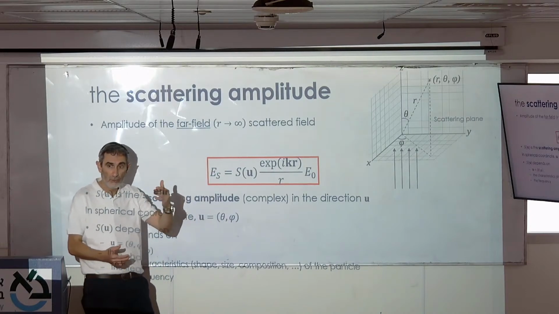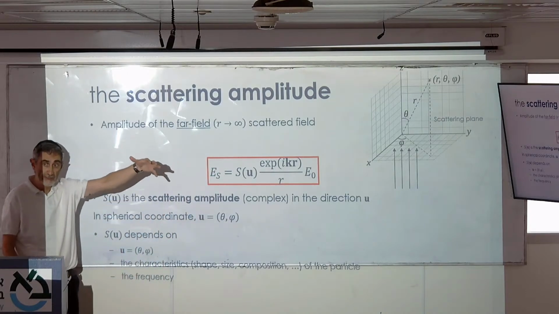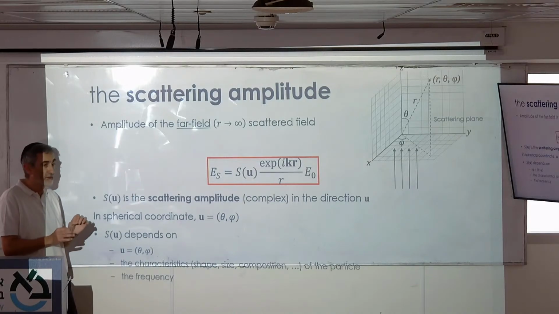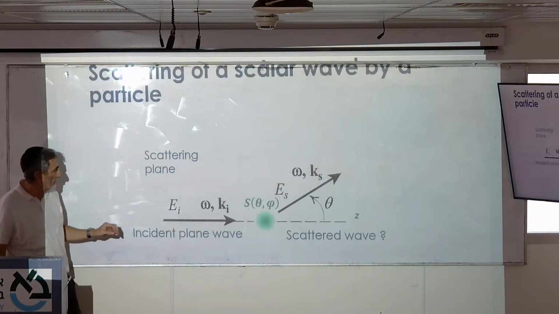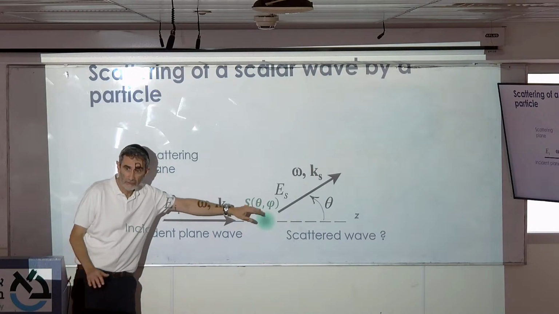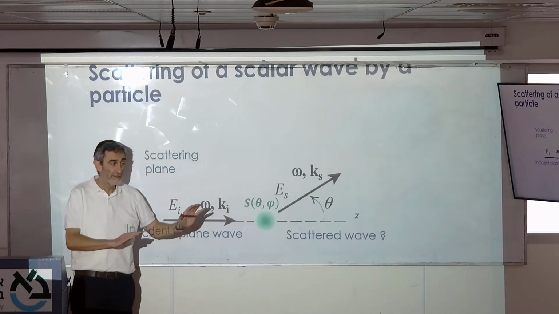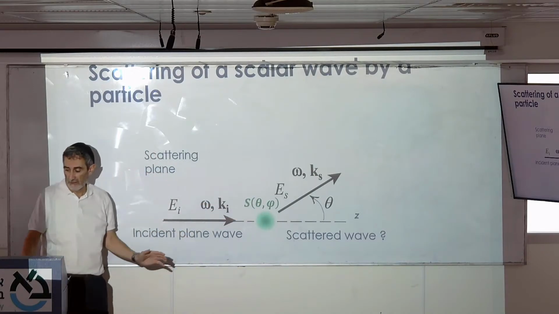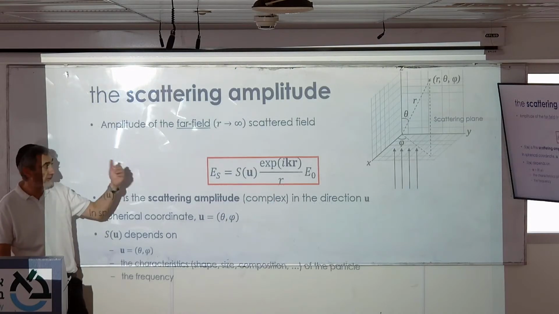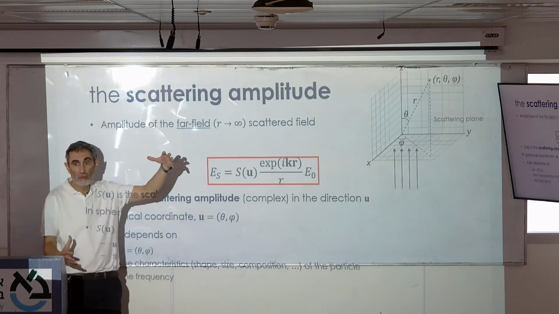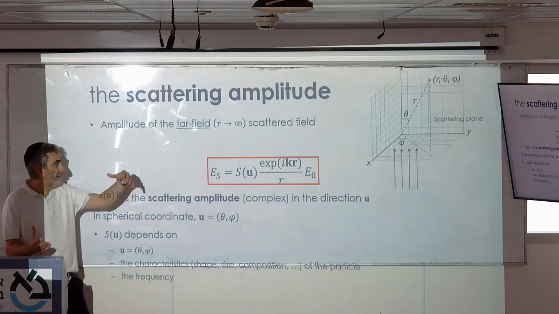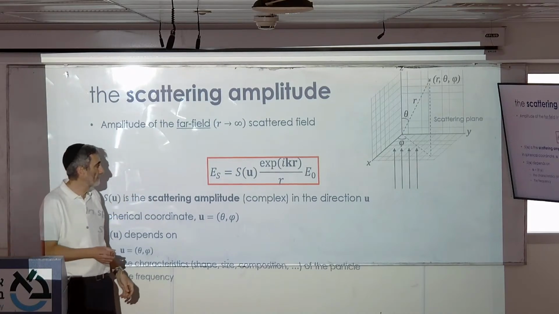So we are looking in the far field, at large distance. We're not looking at what happens really close to this object. We are not interested in that, as it can be very complicated. But at the end, when you look in the far field, this is simply a spherical wave that goes away from the center.